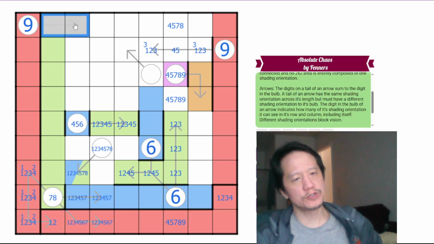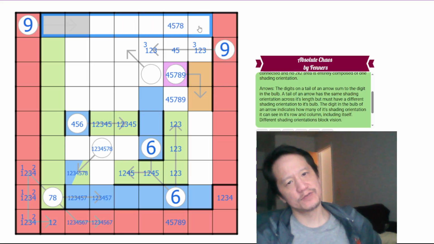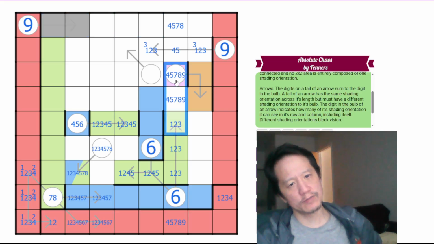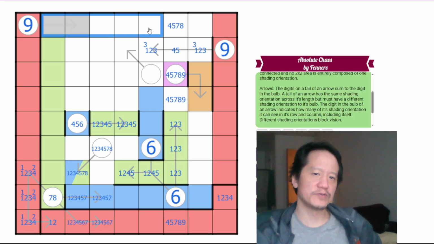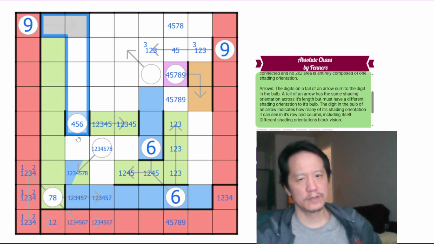If the blue goes here, that means the rest of this must be blue until it gets to red. Because the green, well, maybe not. No, yeah, if this is blue, how does it connect to the rest of the blue? It cannot go this way.